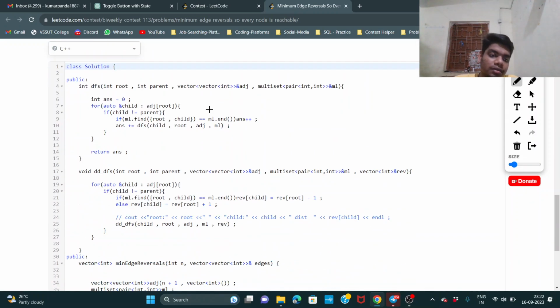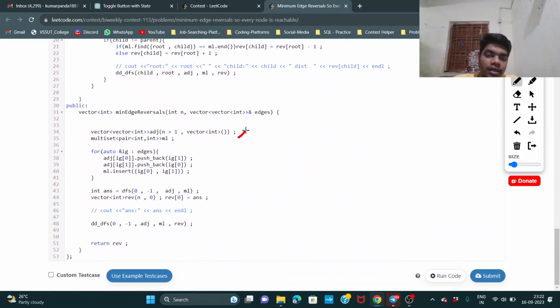The code is simple. Here I'm creating a graph, and this is the multiset pair, and this pair will tell you the edges from u to v. Create the tree, and just do a dfs taking the root node as 0.